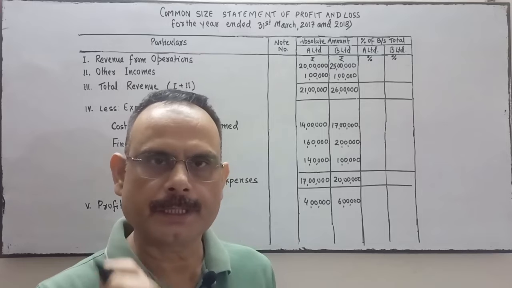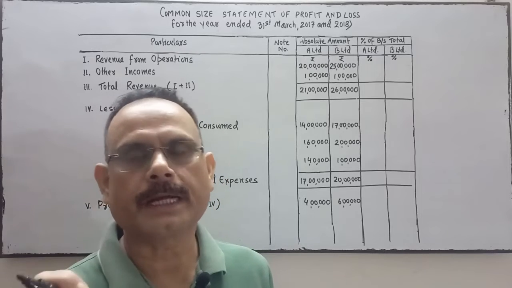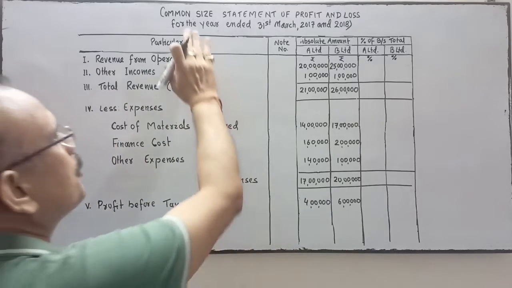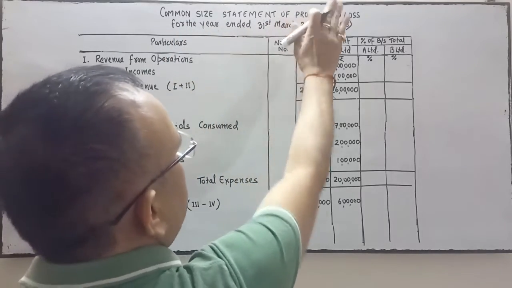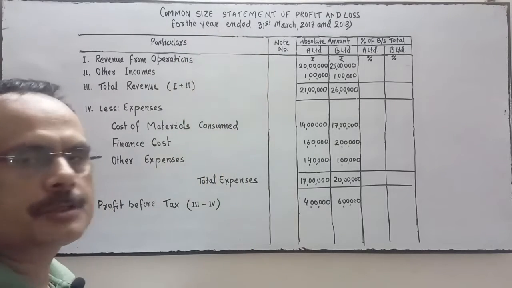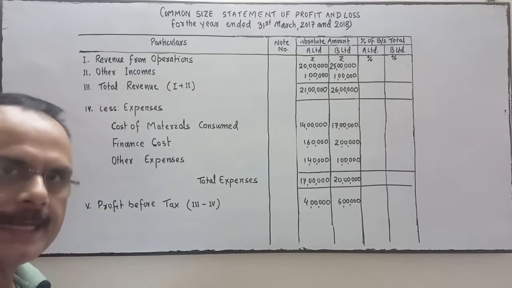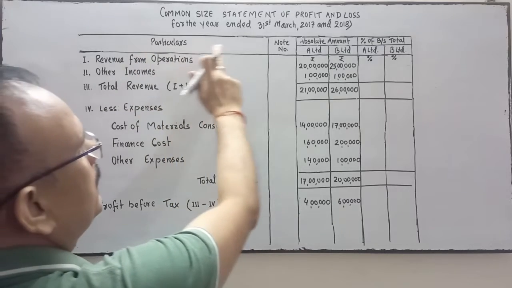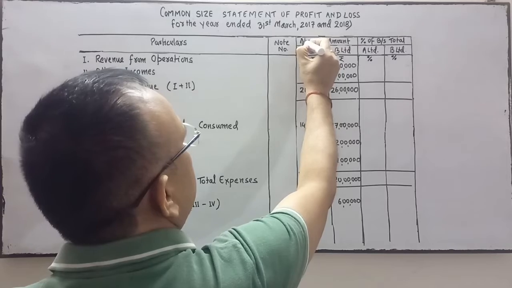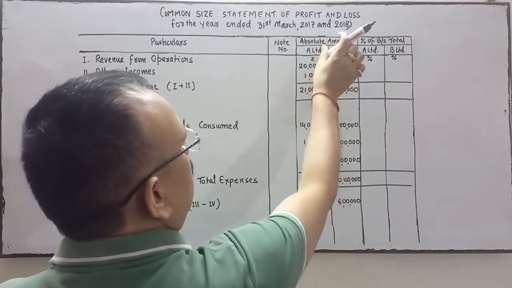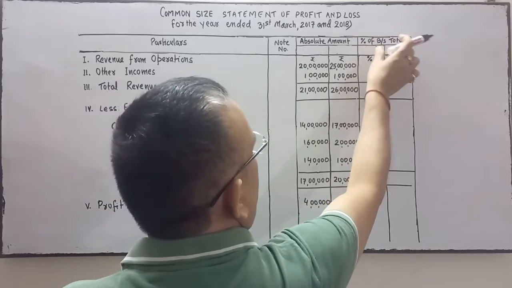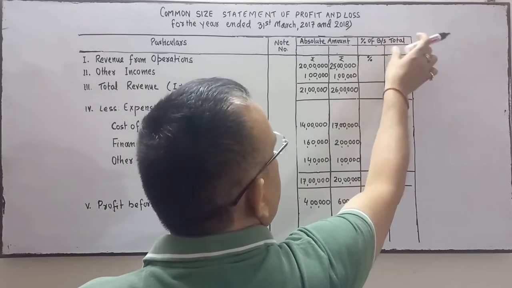This will be prepared in the same manner, in a prescribed format as per Schedule 3, Part 2 of the Companies Act 2013. So the format will be same. Common size statement of profit and loss will be the heading. For the year ended 31st March 2017 and 18, particulars, note number, absolute amount of previous year and current year.